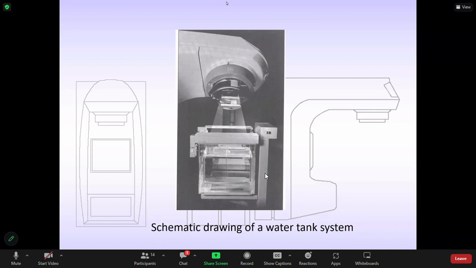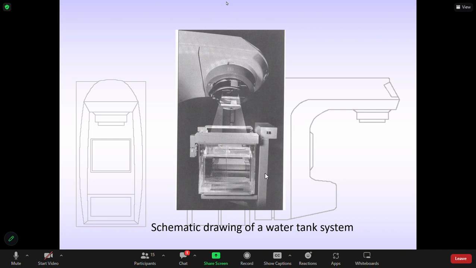Which cases do we use the 3D tank? Definitely when we do commissioning of the machine, and number two, we do it during annual. Every time you do annual, you have to do the water tank.